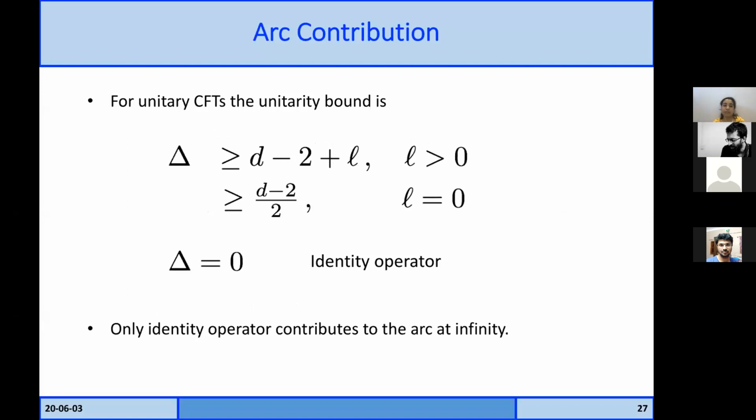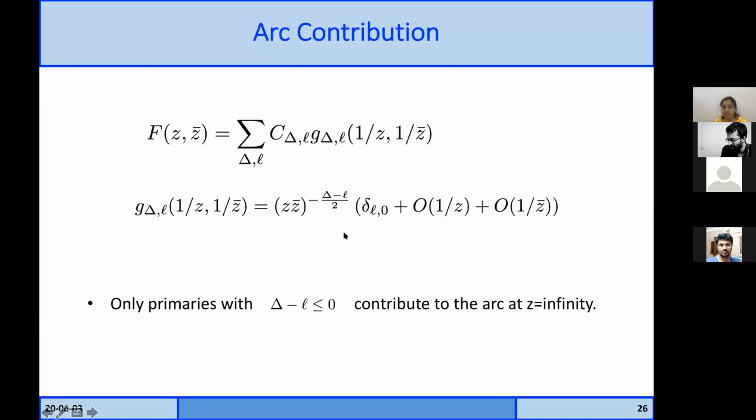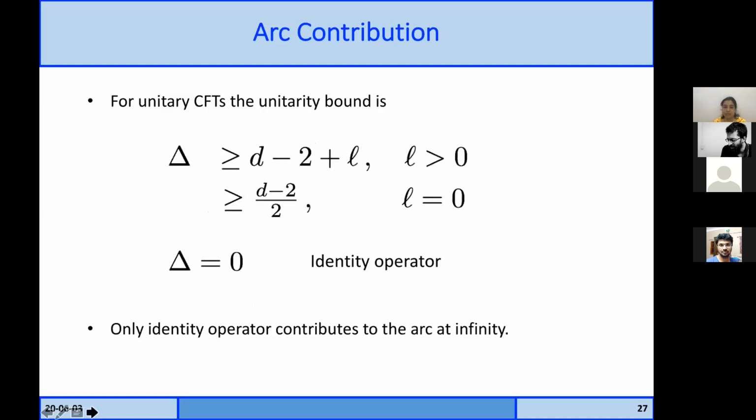Now we know that in a unitary CFT we have the unitarity bound, which means that delta is greater than or equal to d minus 2 plus L for higher spin operators, delta is greater than or equal to (d minus 2) over 2 for scalars, and delta is equal to 0 for the identity. The first two lines clearly tell you about delta minus L, so if you look at this expression, these are the only operators that can contribute to the arc.